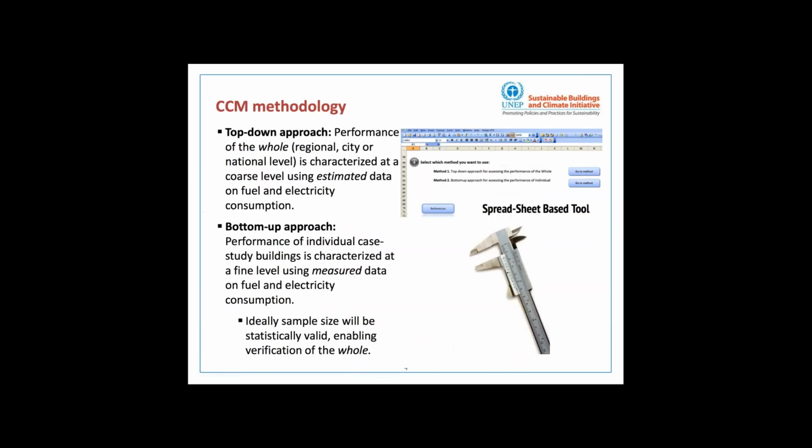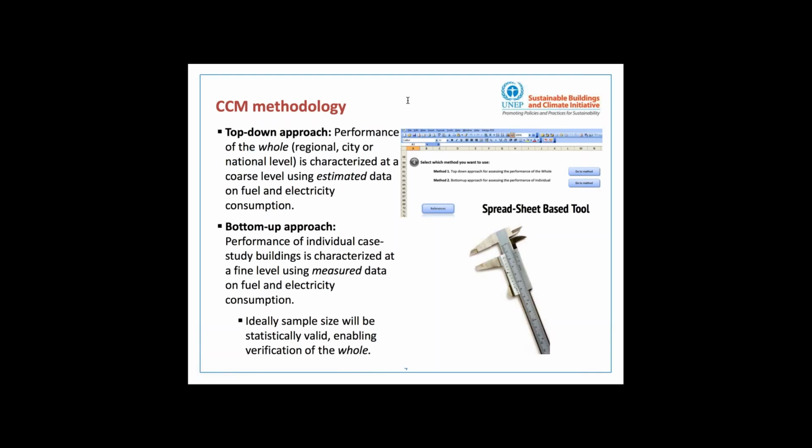So the common carbon metric phase 1 exists as a spreadsheet tool. It's available from UNEP or from GBPN and other partners that have been involved in its development. It has 2 approaches to deriving energy intensities and energy baselines and also emissions baselines. One is a top-down approach, which provides a step-by-step approach for disaggregating regional and national level energy performance data and also fuel consumption data for buildings in a particular region.